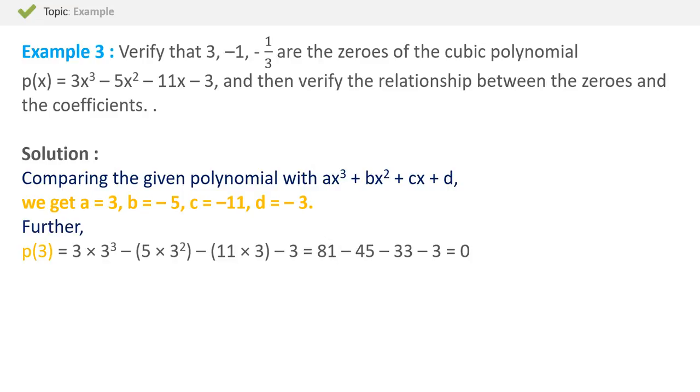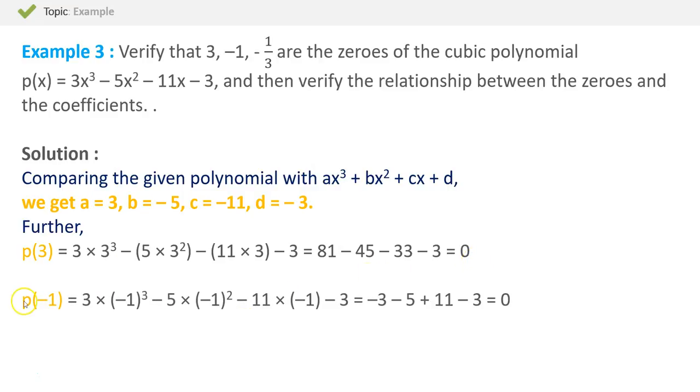Further, we know if I try to find value for p(3), because 3, minus 1 and minus 1 by 3, if they are zeros, they are going to make this 0, right? So if I put p(3), what you will see after simplification, it gives you 0.